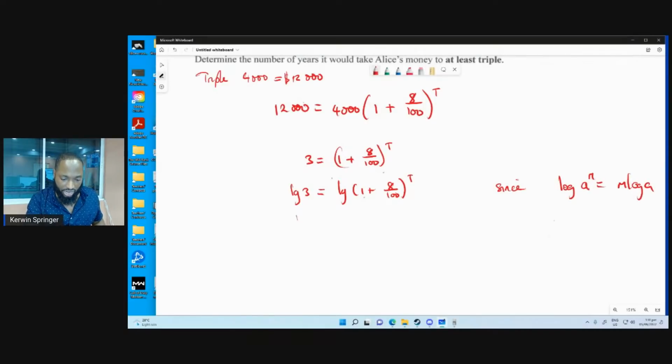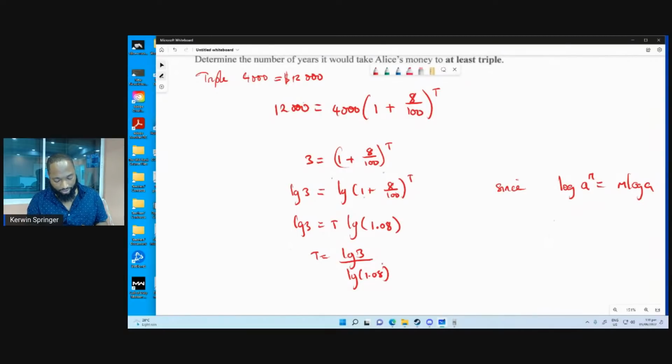Then you can bring down that T. Log 1 plus 8 over 100 is the same as 1.08. And so T is equal to log of 3 divided by the log of 1.08, which is how much?